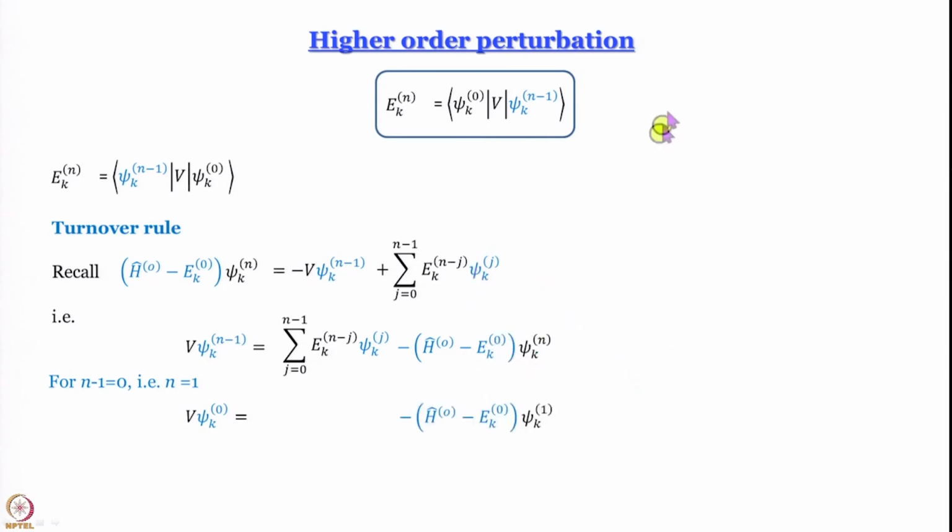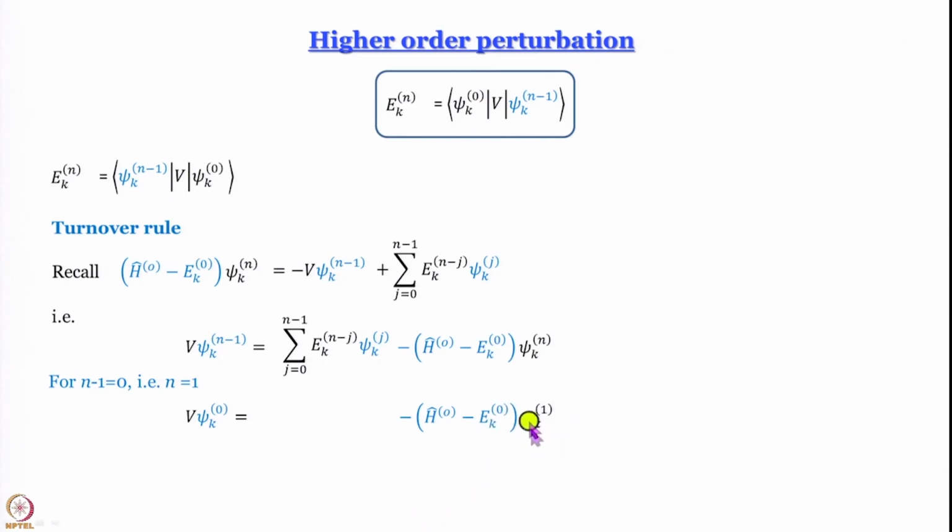So, I get minus the unperturbed Hamiltonian minus the unperturbed energy of k, this operator operating on the first order correction to the wave function.